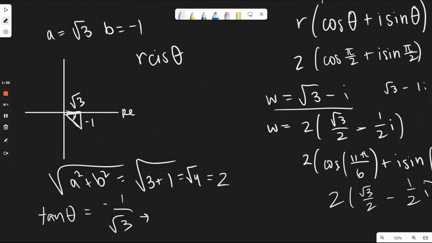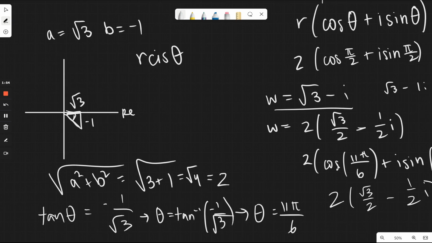This means the angle is the inverse tangent of negative 1 over square root 3, which is at the angle of 11 pi over 6. So theta equals 11 pi over 6. As you can see, even without simplifying into common trig values, there's also a very easy way to just find the radius and the angle.